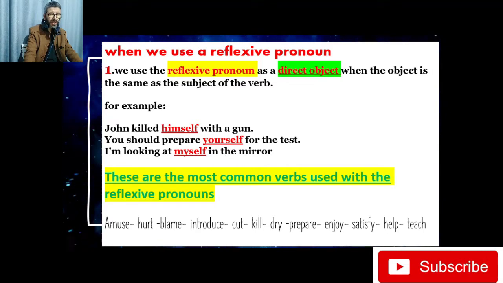For example, I amuse myself, you amuse yourself, etc. I hurt myself, I blame myself, I introduce myself, can you introduce yourself, etc.